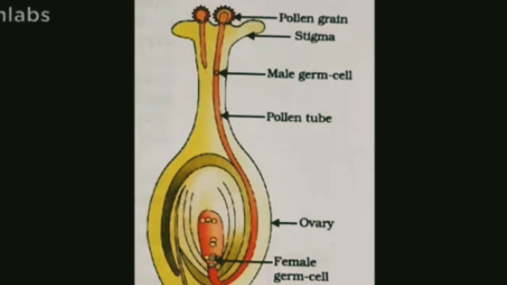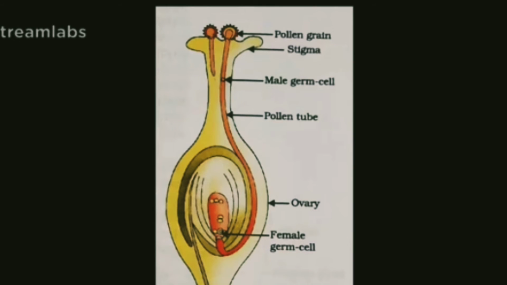The plants replicate by two ways. One, by asexual mode, and asexual modes are in different forms.